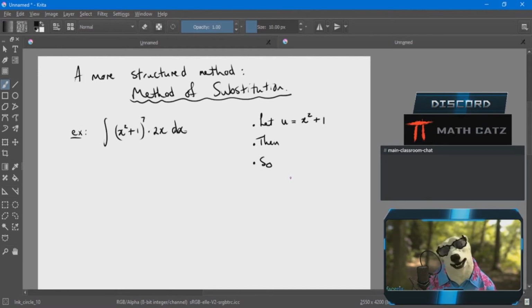Sometimes the inside function is a little less obvious to spot. It doesn't have brackets and stuff like that, but it's always going to be an inside function as my choice for the substitution. Then I'm simply going to take the derivative of this inside function. So du dx is 2x.